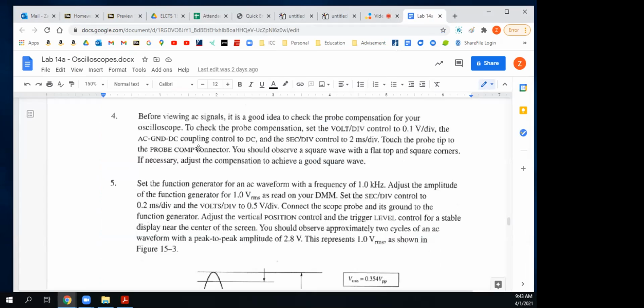Touch the probe tip to the probe compensation connector. What's the time base? 2 milliseconds per division.